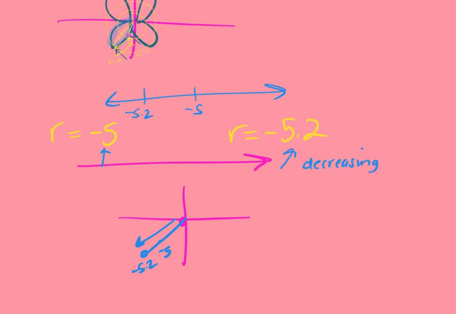Does that make sense? So positive, increasing; positive, decreasing: those match up. Negative R's are the opposite.